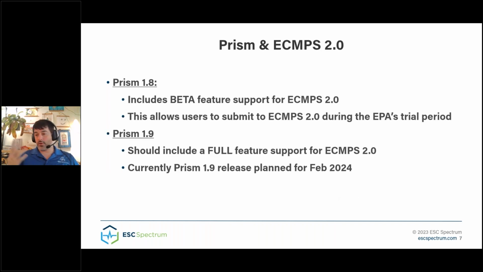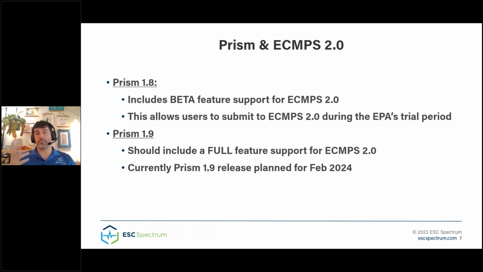Another big part of all of these releases that we're going to be talking about is ECMPS 2.0. Now, Prism 1.8, the one we just released, is going to include beta support for ECMPS 2.0.